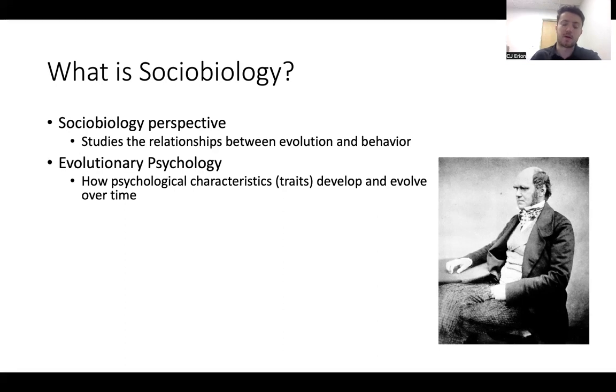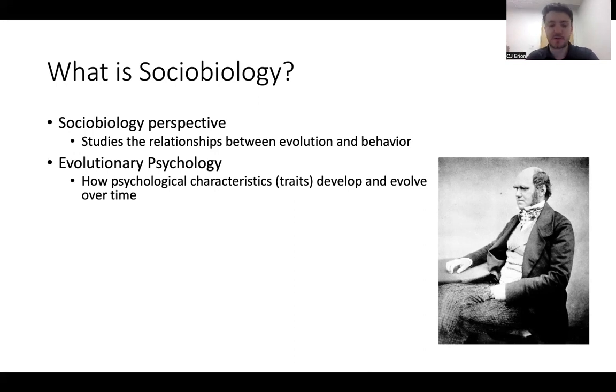Sociobiology is a really broad umbrella term that includes evolutionary psychology and then adds to that. Evolutionary psychology is about how psychological characteristics such as traits and intelligence develop and evolve over time.